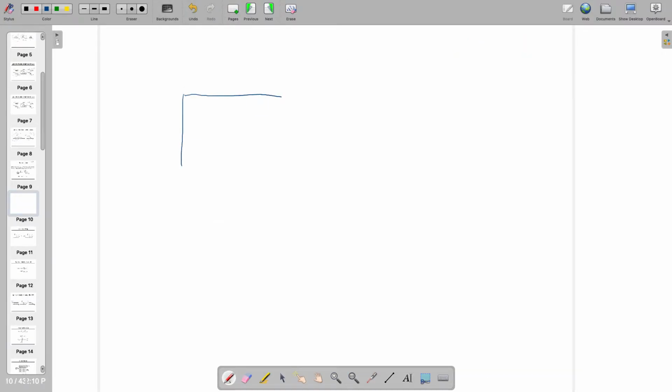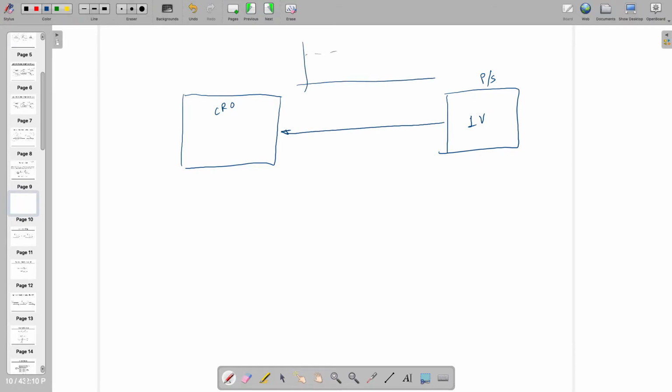So if you are observing some signal, let's say I am giving a 1 volt power supply which I am connecting here. I am not going to see a clean 1 volt; 1 volt is an average value, but in reality you are going to see this.